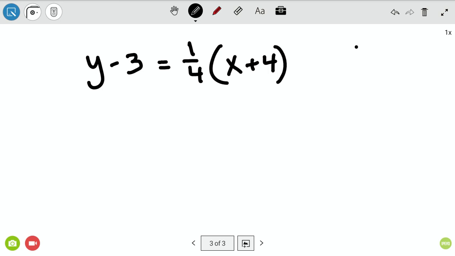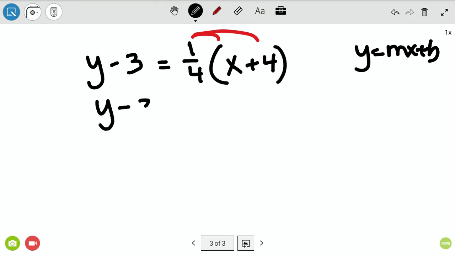So in this particular case, we're asked to write it in y equals mx plus b. And, okay, so the first thing we do is we distribute. So we get y minus 3 equals 1/4 x, because 1/4 times x is just 1/4 x. And then again, if you need to, come out to the side and take 1/4 times 4 over 1.